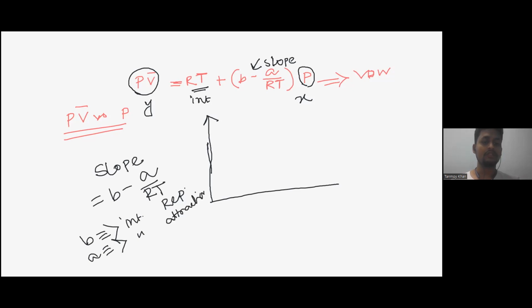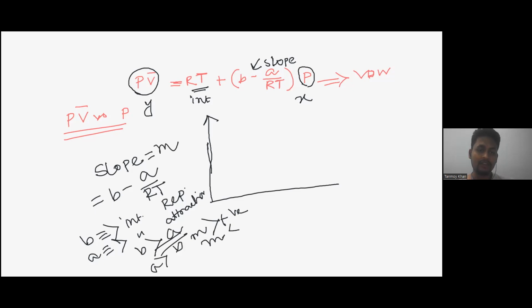Whenever B is greater than A, that means this whole term B minus A will be positive, so the slope will be positive. Whenever the other case is happening, A is greater than B, that means the slope will be negative.